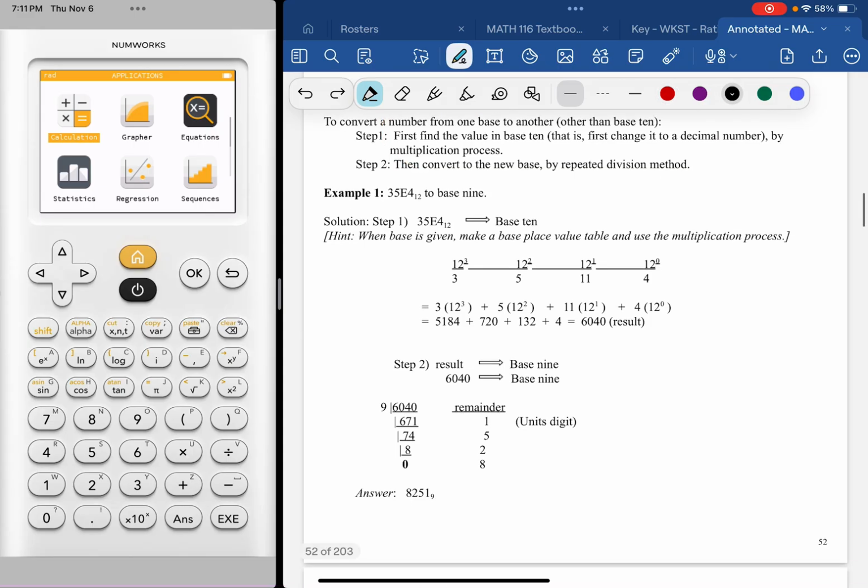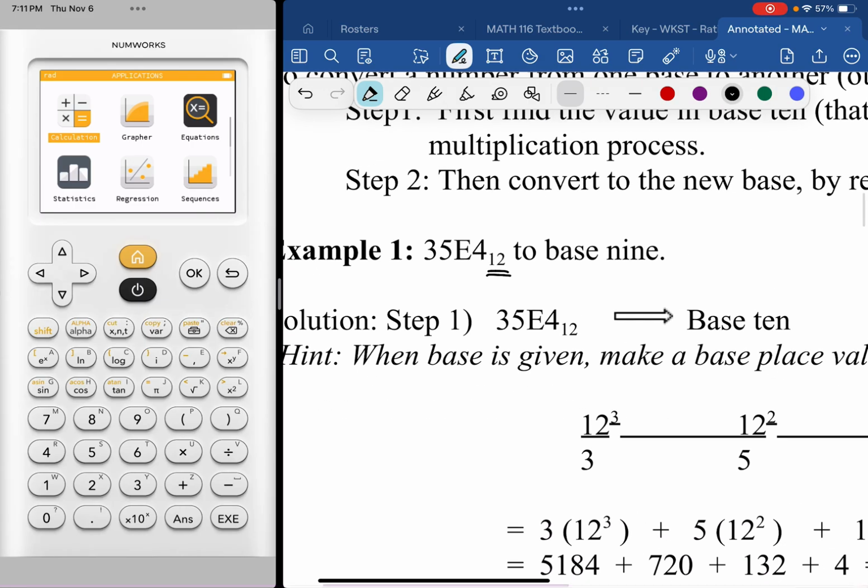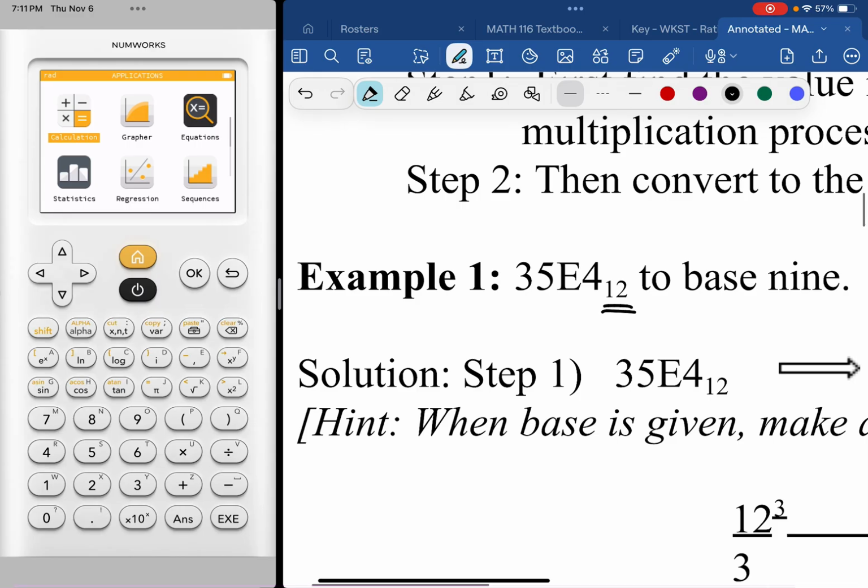So if I want to take a number that's written in base 12, the first thing I would do is establish what the place values represent. So the first one is 12 to the 0th, 12 to the first, 12 to the second, and 12 to the third.